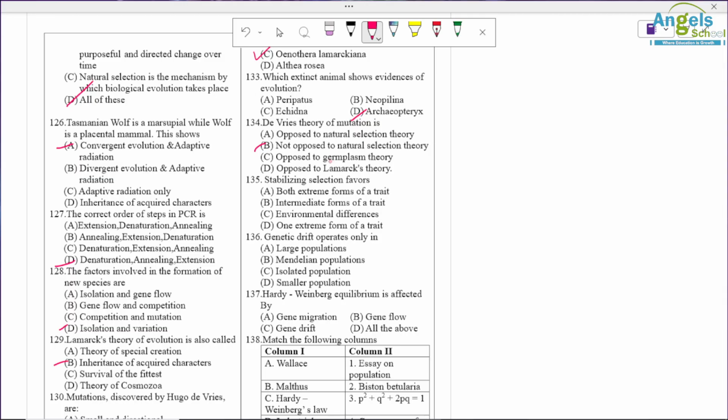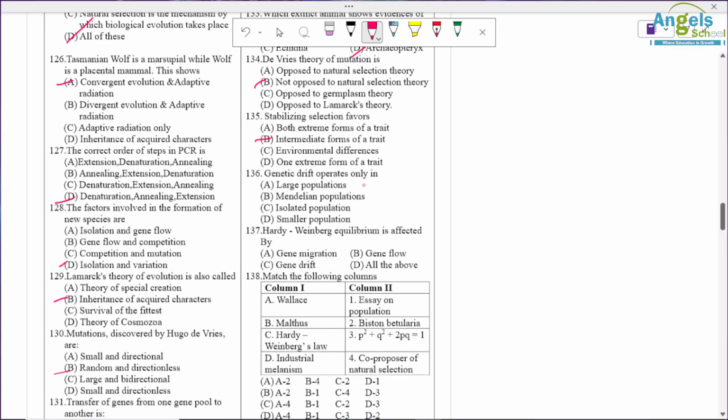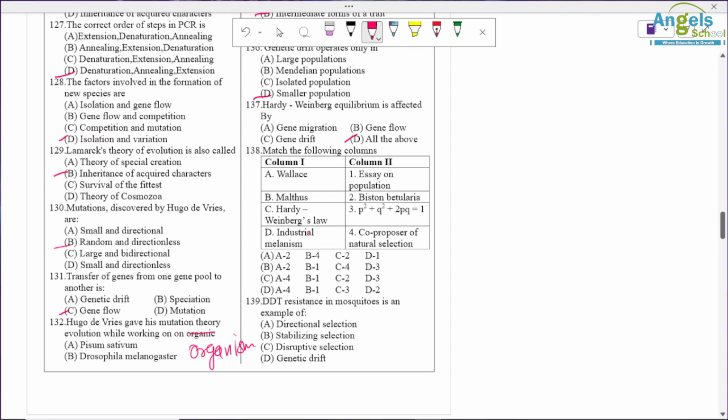Stabilizing selection favors intermediate form of trait. Genetic drift operates only in a small population, or we can study it in small population only. Hardy-Weinberg equation is affected by gene migration, gene flow, genetic drift. So all of the above.